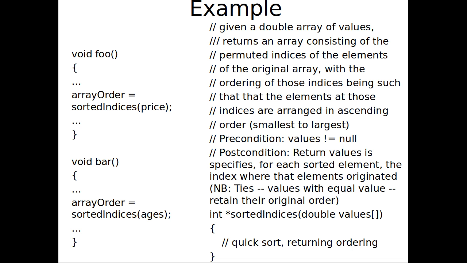And the postcondition is the return value specifies for each sorted element the index where those elements originated. Ties, values with equal value, retain their original order. That's what I can count on, okay? As for the details, that's for the people who are going to implement it. I don't have to worry as long as that contract is met. So this is a contract of sorts. And you could say, well, it's still imprecise, and I'll grant you that.